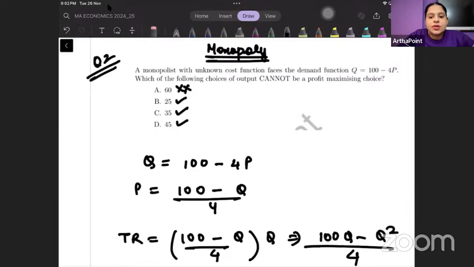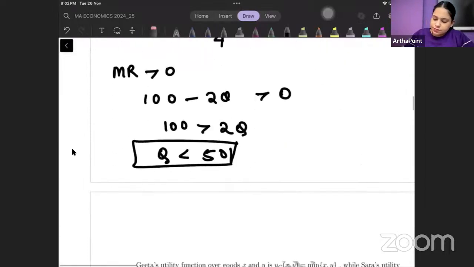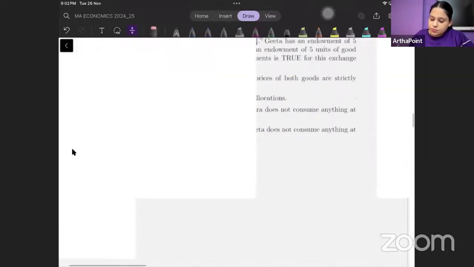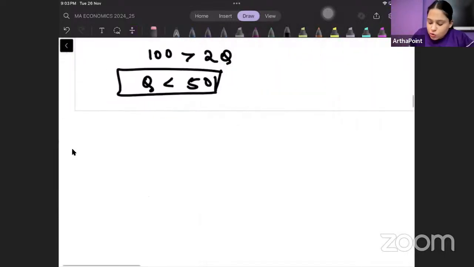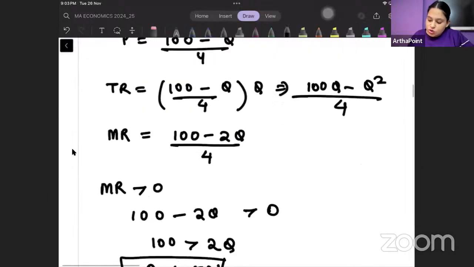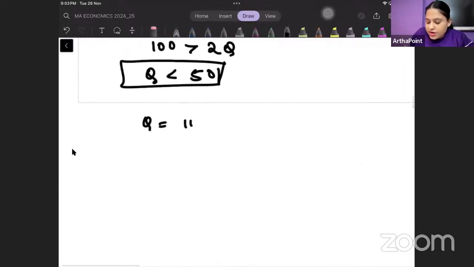You can go ahead and use the other approach also, which is fine. Both approaches are perfectly fine. If I use the other approach just to show you: Q is equal to 100 minus 4P, so dQ by dP will be minus 4.